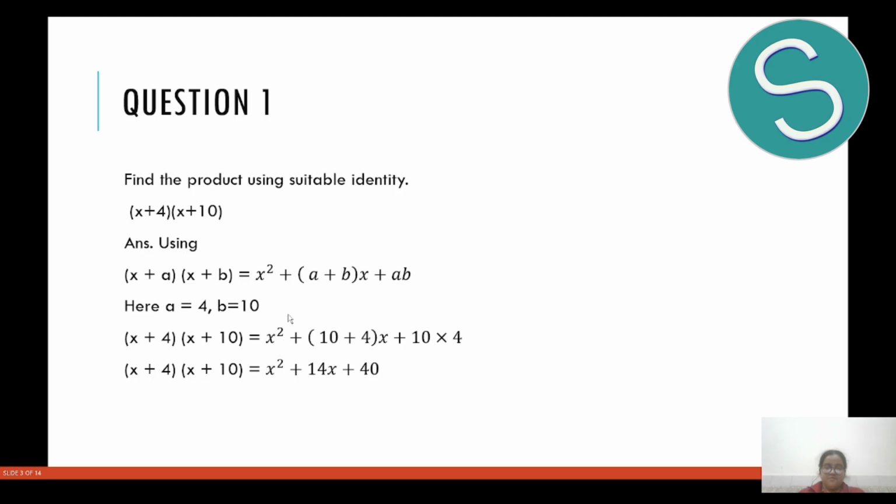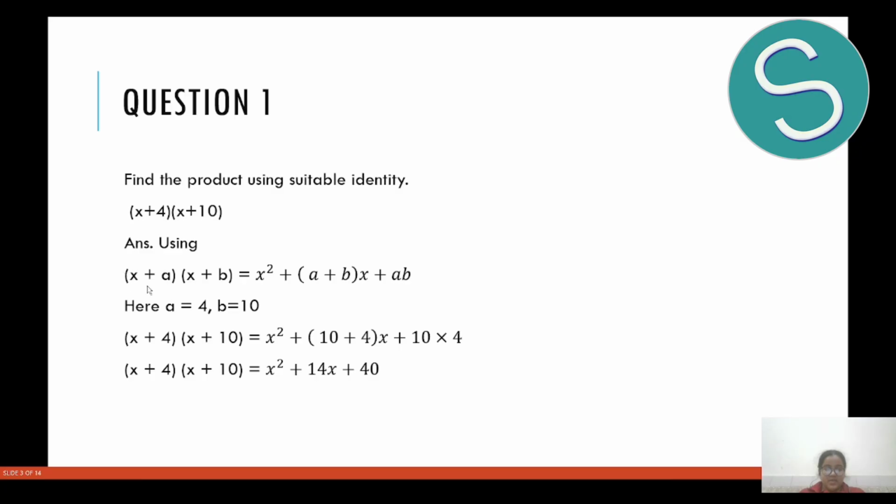So, first question is find the product using the suitable identity. The question is (x plus 4) into (x plus 10). We have to find the product using the identities. You can see that this question is in the form of (x plus a) into (x plus b), where a is 4 and b is 10.